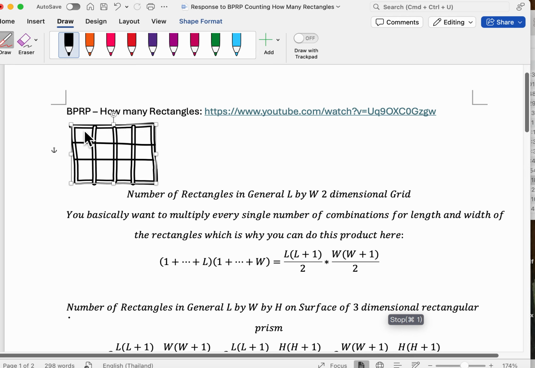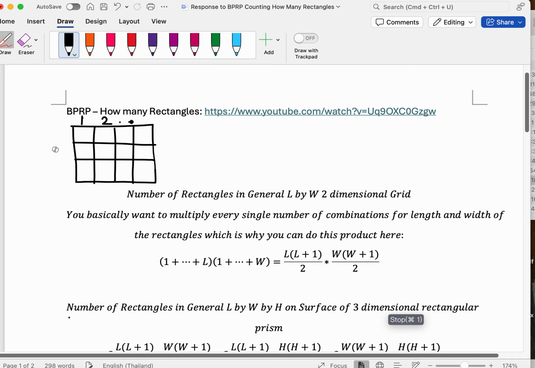One rectangle could have a length 1 here. This could have 2. And then extend them forever, and then this could have a length of L. Same thing here by symmetry, 1, 2, and then L. Well, I would need to draw an additional picture to see that little additional length here.